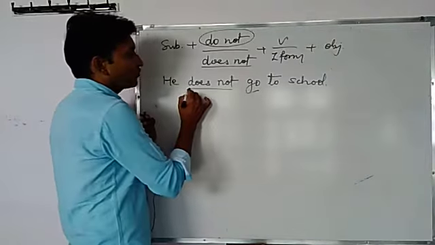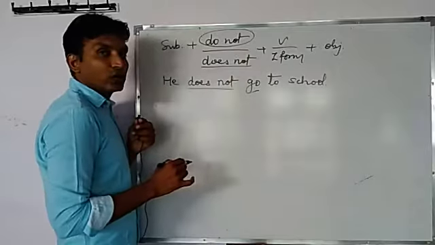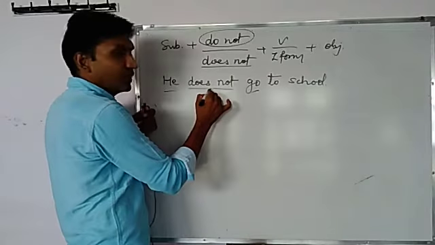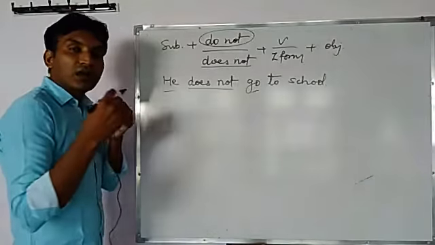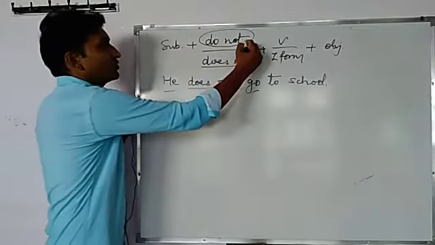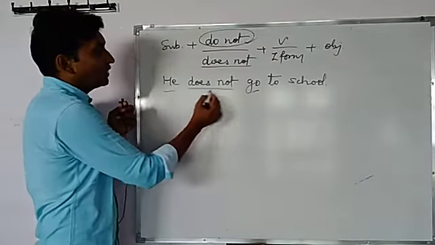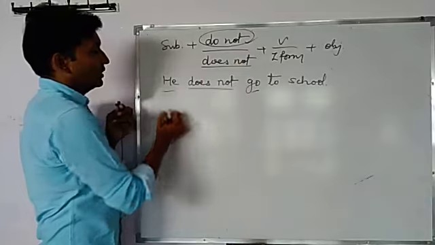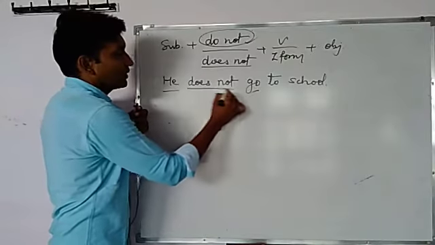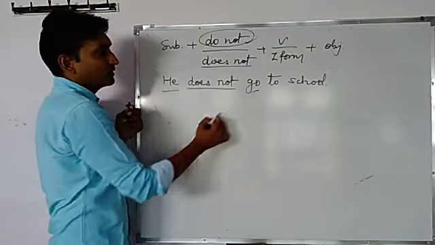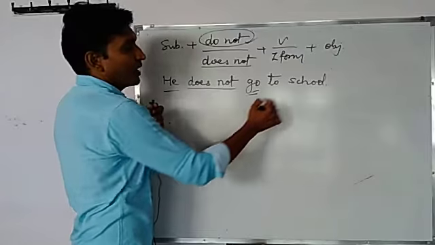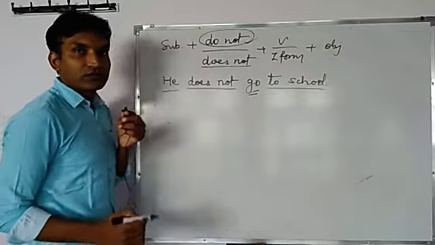Then we have to focus on the does not or do not. If the subject is singular, then we will place does not. If the subject is plural, then we will place do not. So he does not go to school. Subject, does not according to the subject, first form of the main verb and then the object.